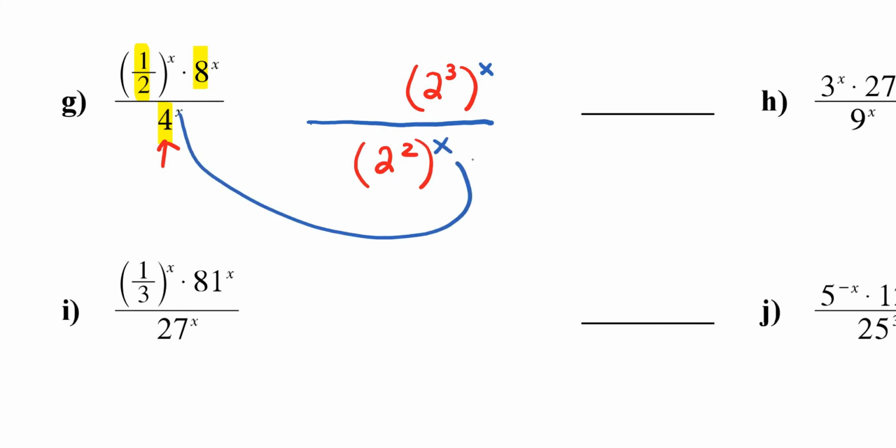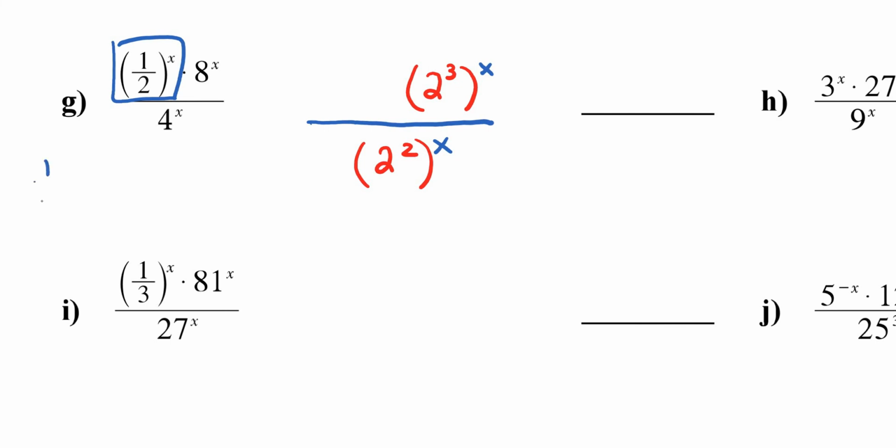Good. Okay, now the question is, how do I deal with this (1/2) to the power of x? If you had to write this as a negative power, 1/2 is the same thing as 2 to the power of -1. So this will be 2 to the power of -1, and then the x will tag along.